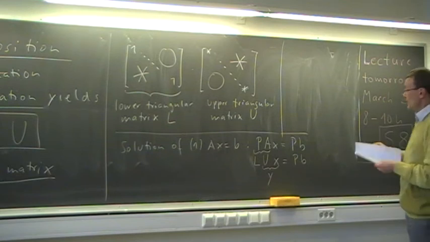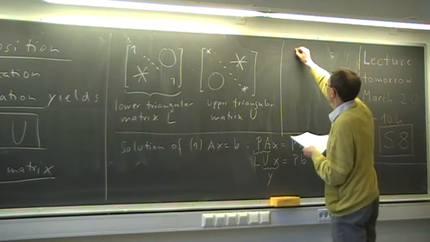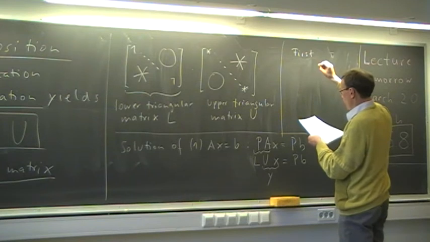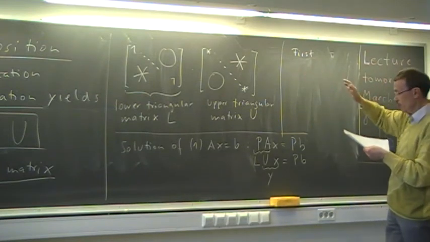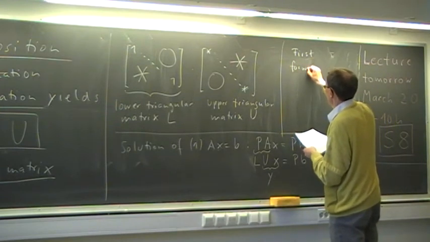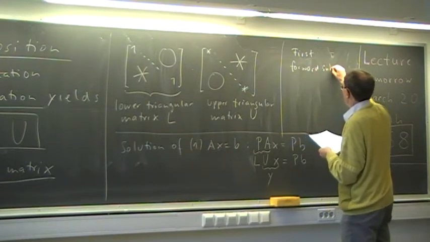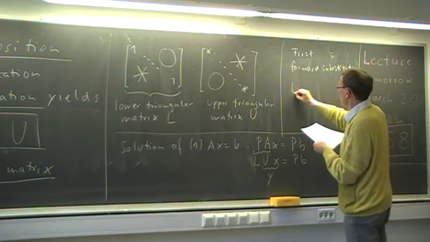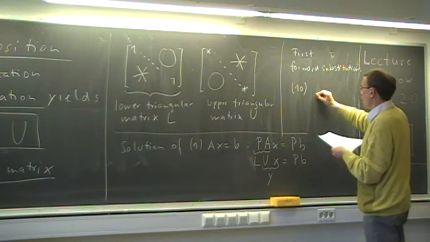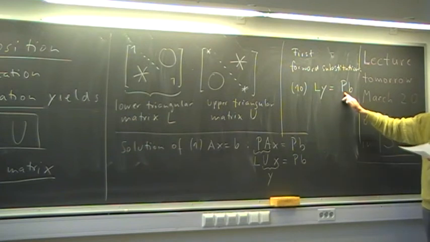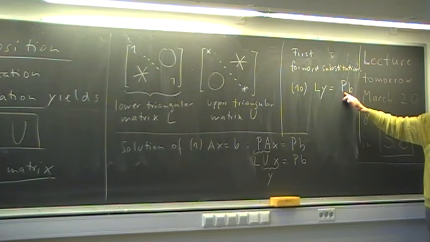So that means we do first, well, we assume that we have done the LU decomposition. Now, for the solution, we do first the forward substitution. And that is then solving the system Ly equal to PB. In our case, that we discussed before, we did not have to do that. The P was the unity matrix. That is when we don't have to do pivoting.